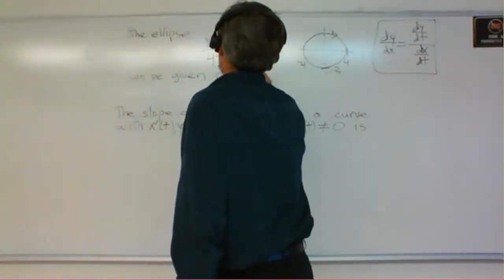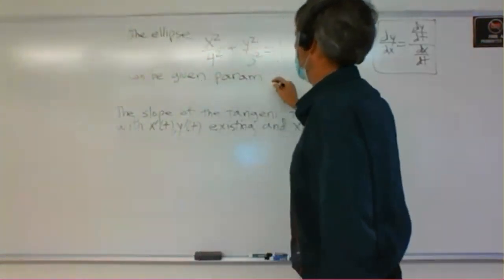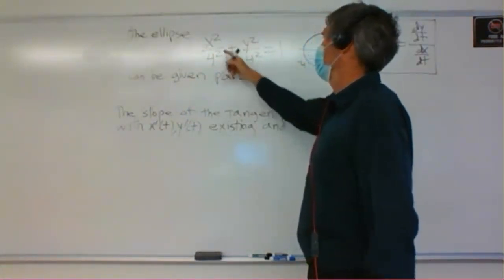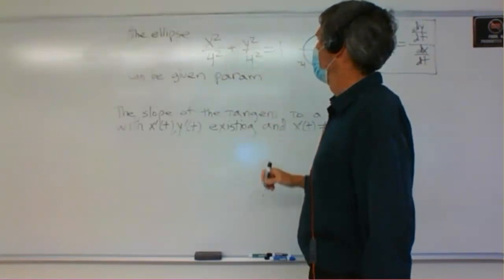All right, what did we do for a circle if this is x squared over 4 squared plus y squared over 4 squared equals 1? How could we write it parametrically? It's x squared plus y squared equals 4 squared.